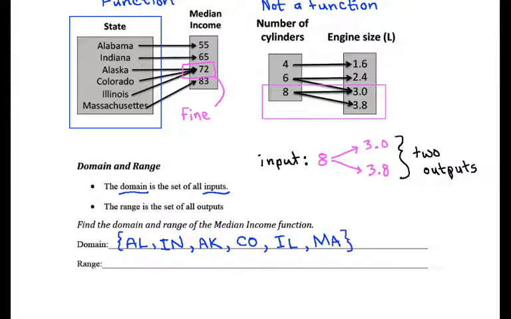And the range is the median incomes. So I have 55, 65, 72, and 83. Now these are sets. I don't care about the fact that 72 is in 3 different ordered pairs. I'm only going to write it once to indicate that it is in the range.